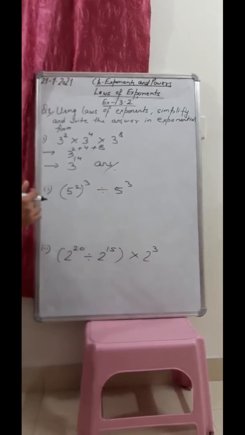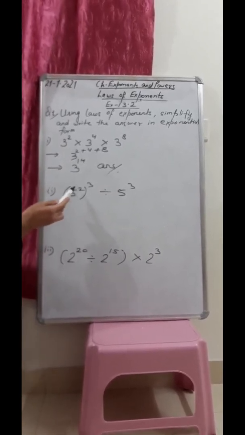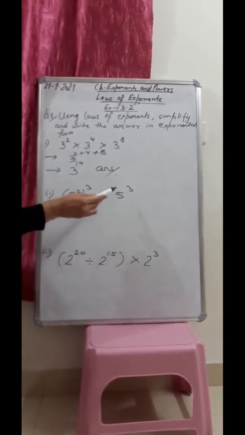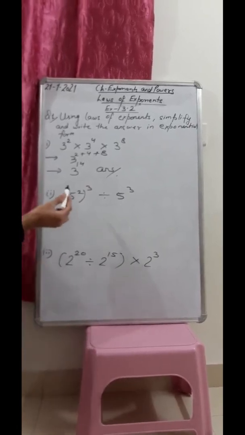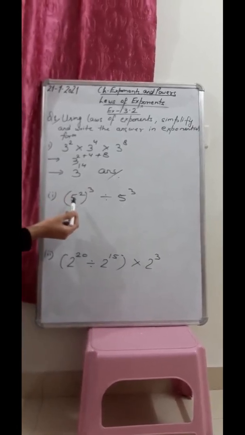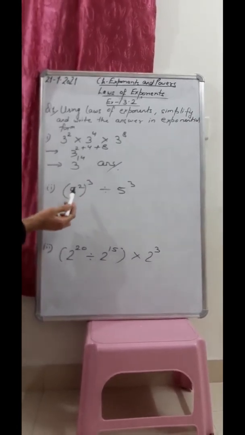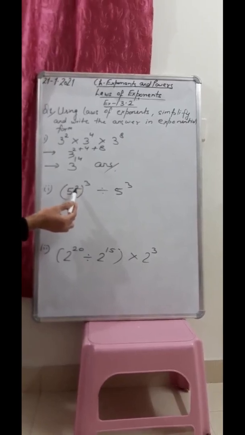The second is 5 raised to power 2 bracket whole raised to power 3, divided by 5 raised to power 3. First in this we are going to use the law of power of a power. Here the bracket has a power as well as the base has a power.